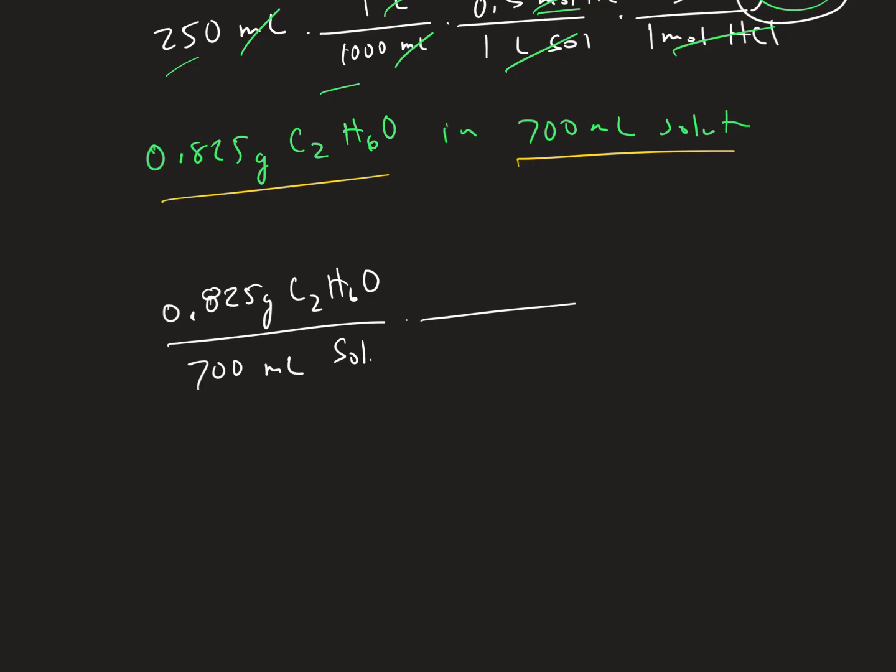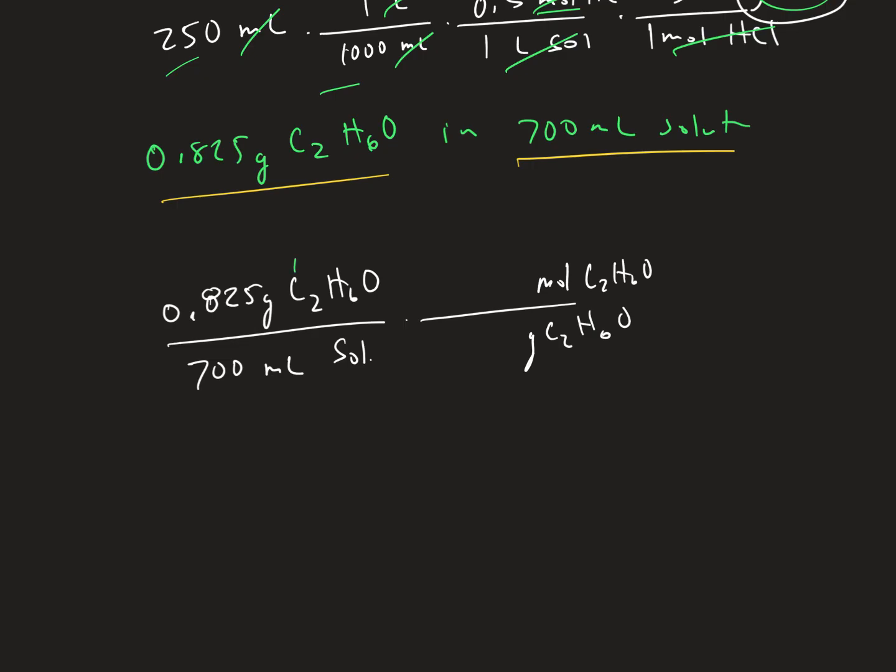Molar mass. Can we do milliliters first? Sure, it doesn't matter, it really doesn't. So I like to start with the top just because that's how we read. But yeah, so grams of C2H6O, we want to convert that to what? Moles, good. And that means we need to find the molar mass.